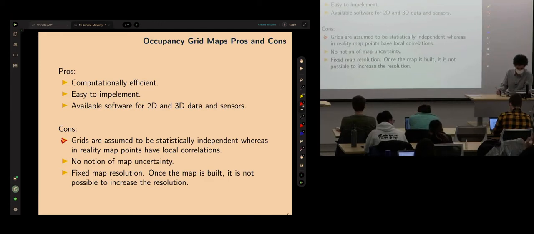No notion of map uncertainty. Now, we fill in the voxels with some probabilities, but we have no idea how uncertain or certain we are about that region. Because the way the inference was working was directly calculating the probabilities. The problem is these probabilities get saturated after a few observations to 1 or 0, depending on the log odds that we choose.